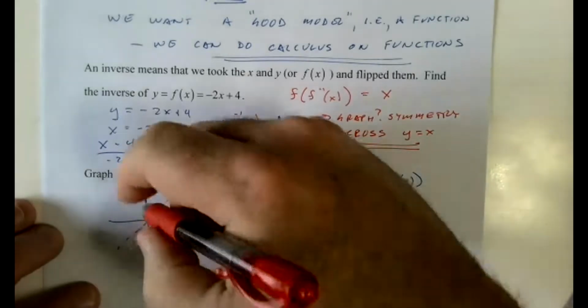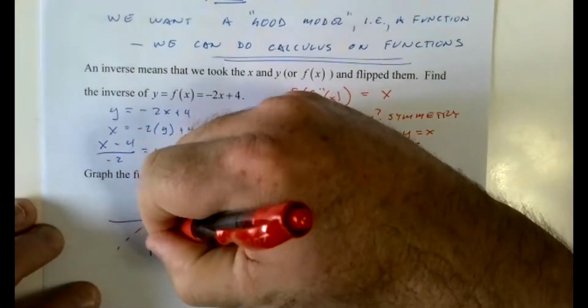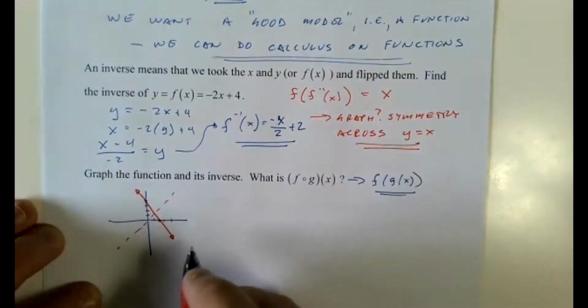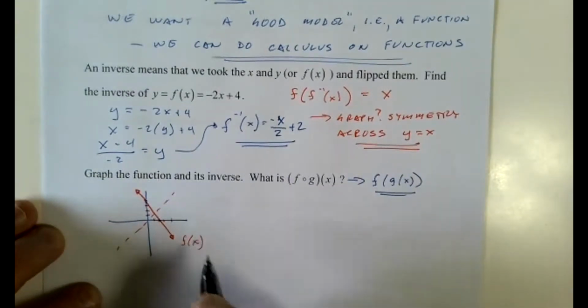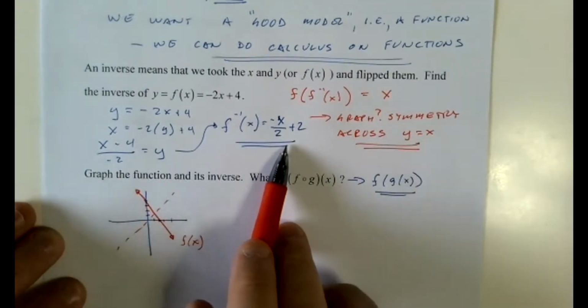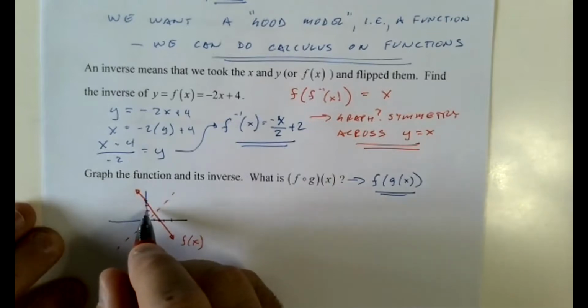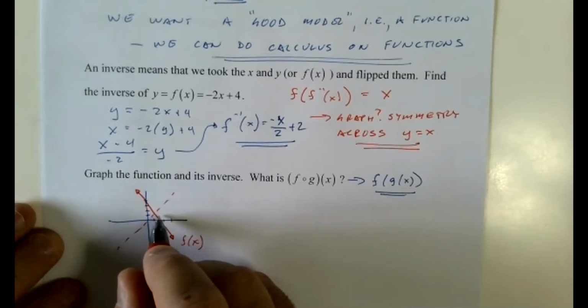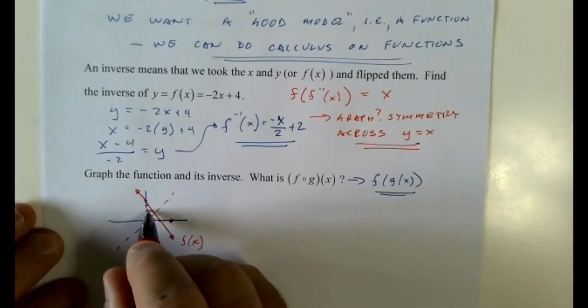Connect the dots. F of x. And then 2, 1, 2, down 1 over 2.